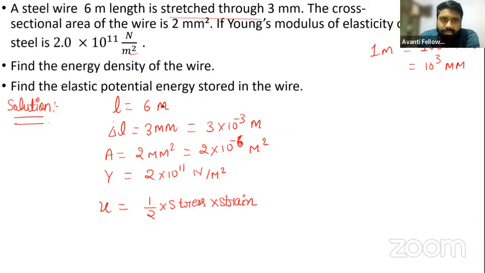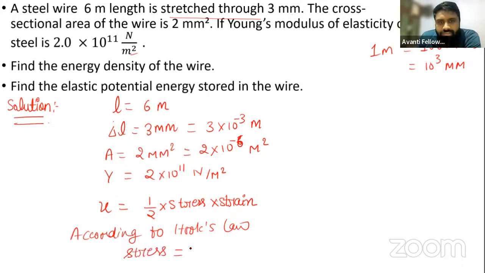But here nothing is provided for stress, but you do not have to worry. We know Hooke's law. According to Hooke's law, what we can say is that the stress is equal to Y times strain, and that stress should be longitudinal stress.